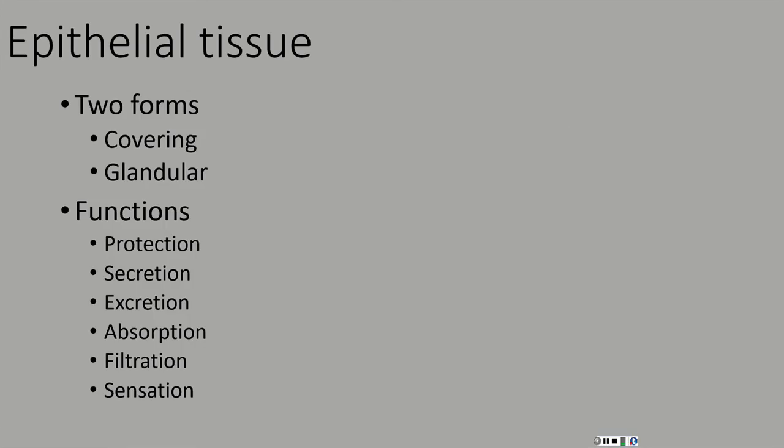So first, let's talk about epithelial tissue. And again, you've already seen these in lab. And epithelial tissue comes in 2 forms: covering epithelia, which is on the surface or the exposed portions of our body, and also lining hollow body cavities.